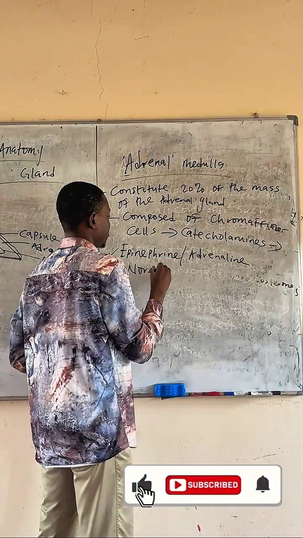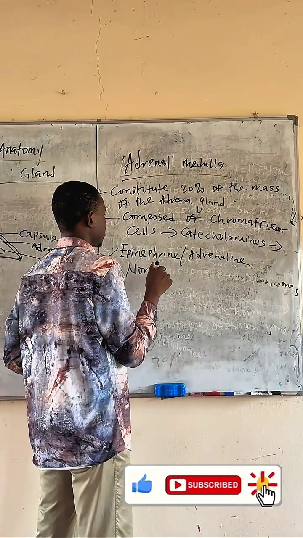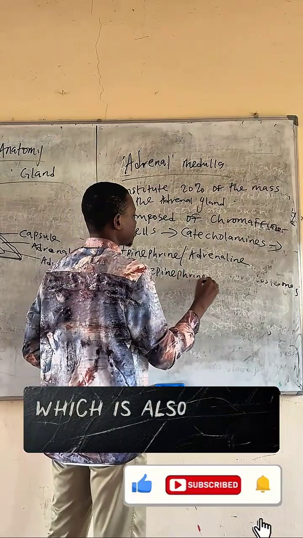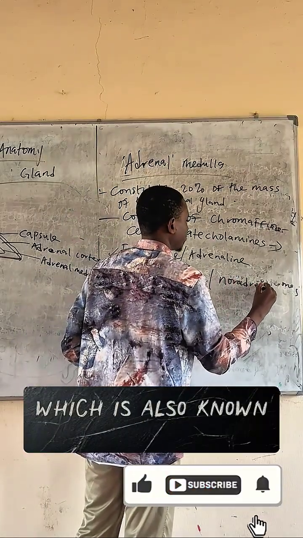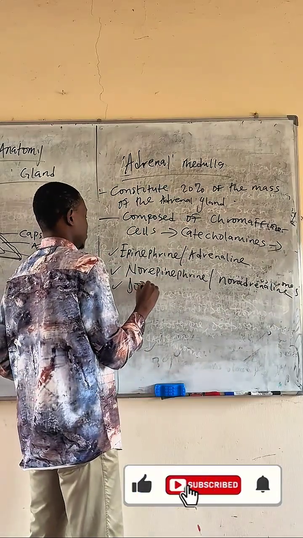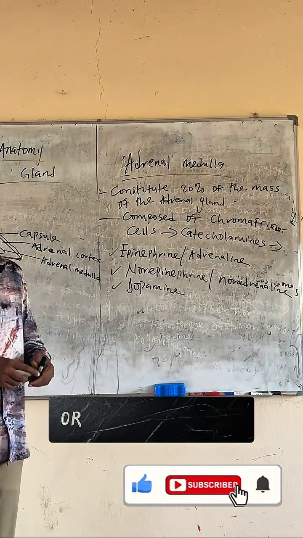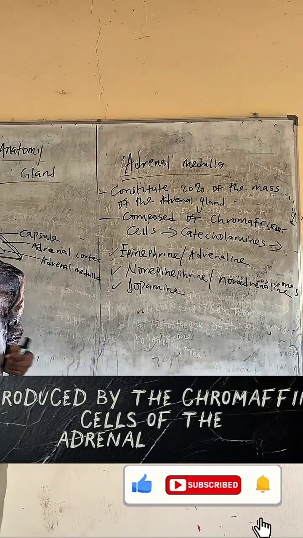norepinephrine, which is also known as noradrenaline, and finally dopamine. So these are the catecholamines, or the hormones produced by the chromaffin cells of the adrenal medulla.